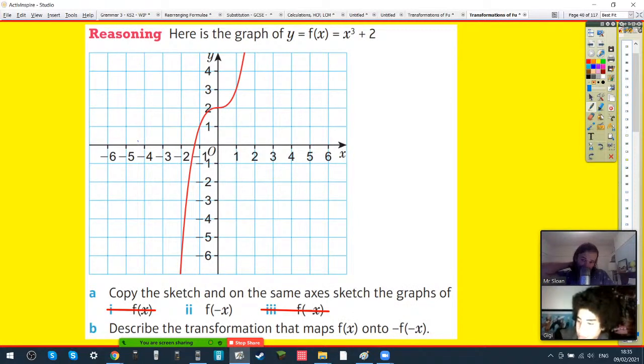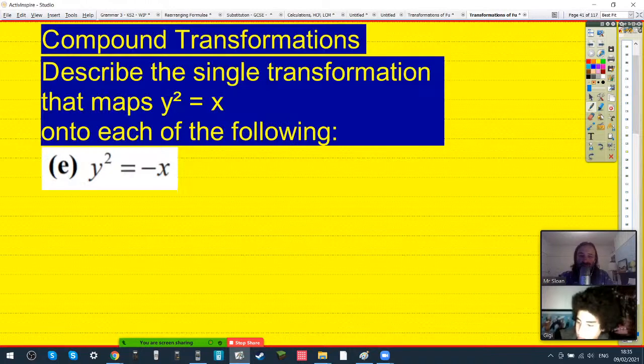This one, I'll leave this one. All right, how about this one? Describe the transformation. y squared equals minus x.